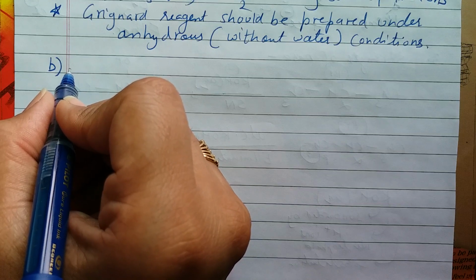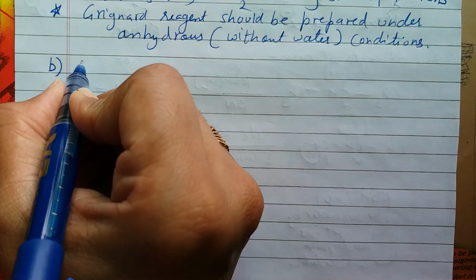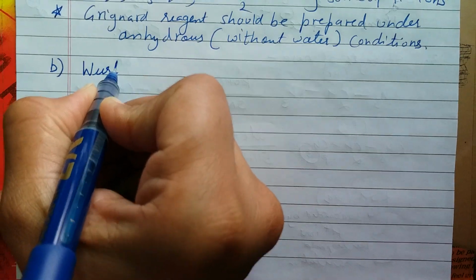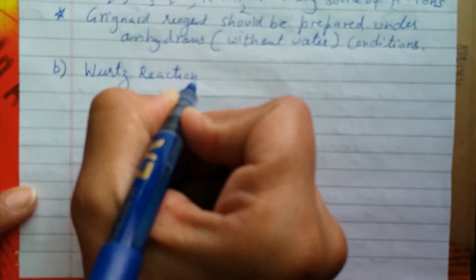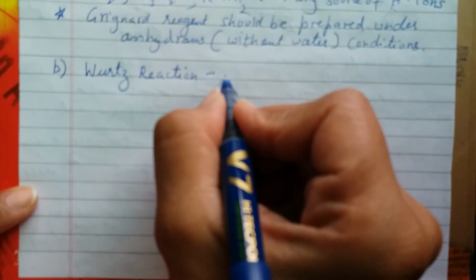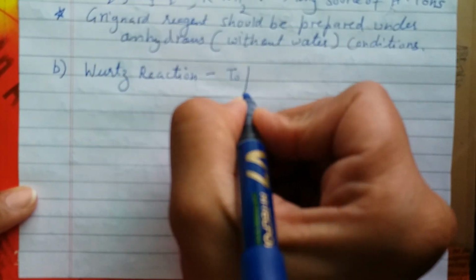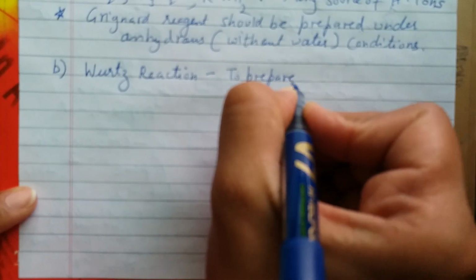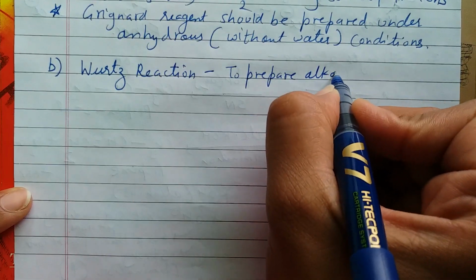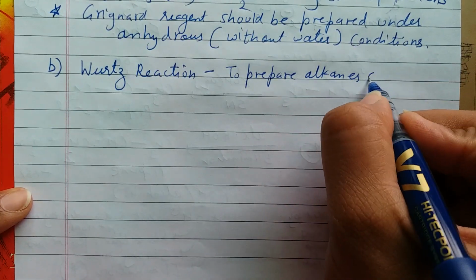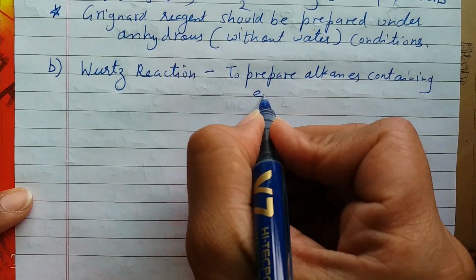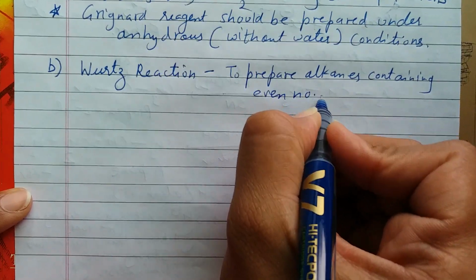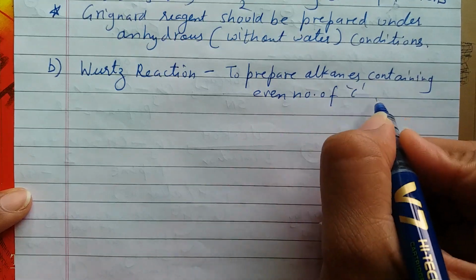The second reaction of alkyl halides with metals is another name reaction which is called the Wood's reaction. And Wood's reaction, if you remember, is used for the preparation of alkanes, especially the ones containing an even number of carbon atoms.